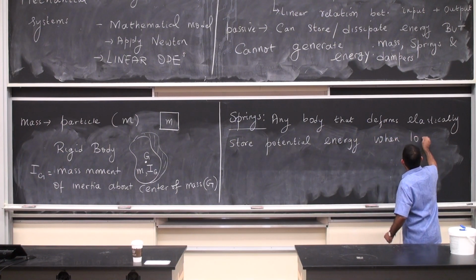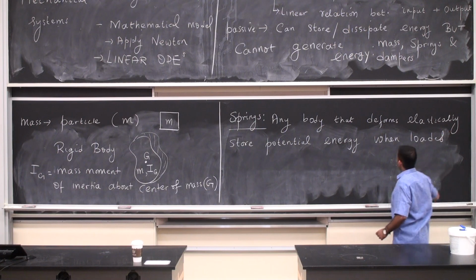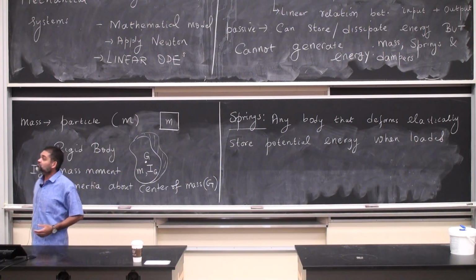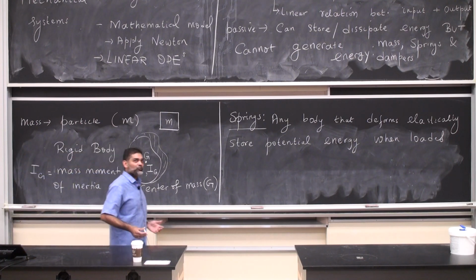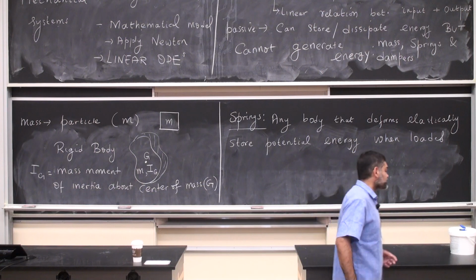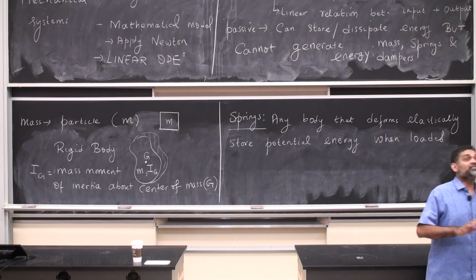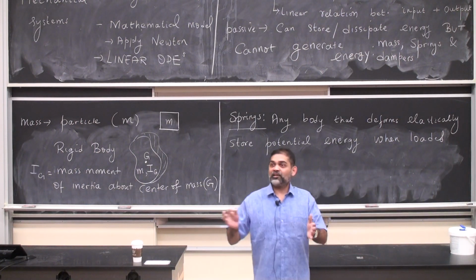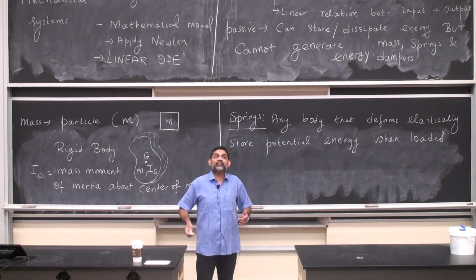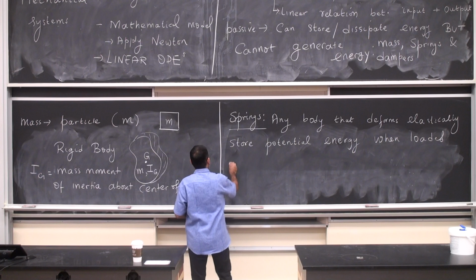When loaded, when you apply a force on them or when you try to twist them, you apply a torque on them, they store potential energy or what is called strain energy. Forget the fancy word, just think of it as potential energy. And this energy is recovered when you unload them. They come back to their original shape and size. That's called elastic deformation, which you know from mechanics of materials. Okay, so the energy is recovered when unloaded.